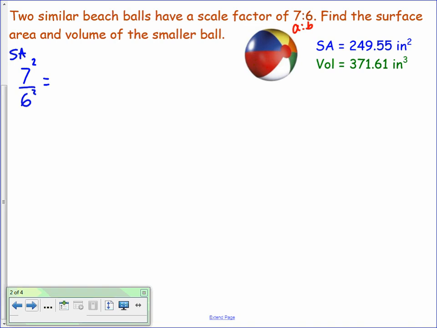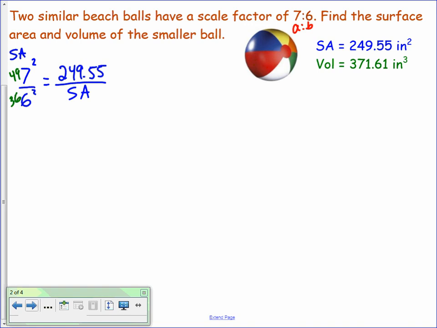Now, the question is, is 249.55 the larger or the smaller? Well, we're trying to find the smaller, so that means 249.55 is on the larger ball, which will correspond with 7. And then we will cross multiply to solve. We know that 7 squared is 49, and 6 squared is 36.